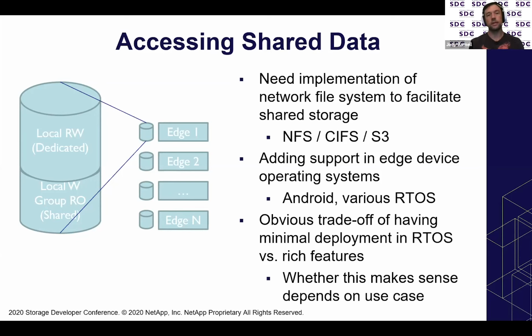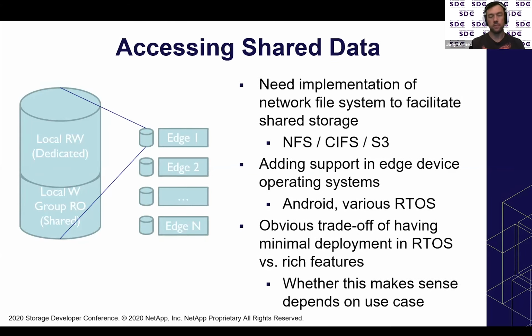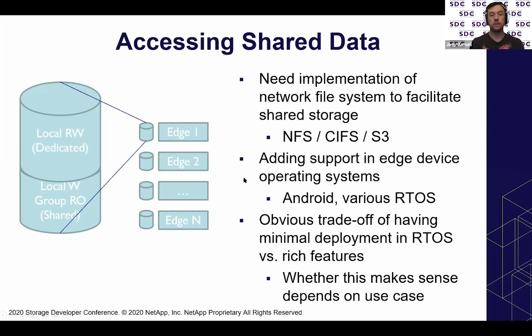It's by enabling network file systems in edge devices, but there's an obvious trade-off here between having a small deployment with a real-time operating system, which is obviously a key consideration, versus having a rich feature set bundled with your real-time operating system. We want to provide the shared storage for use cases where it makes sense. There will be cases where it doesn't make sense, but where it does, we should include these network file systems in the real-time operating systems.